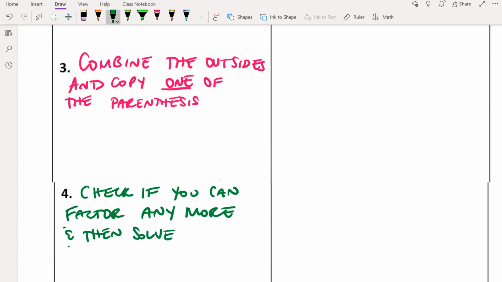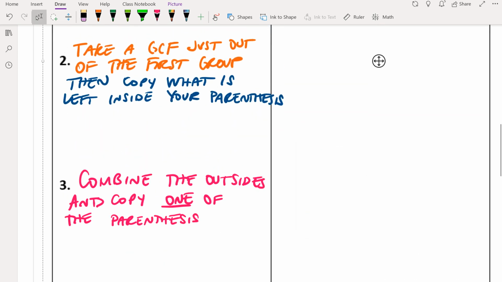Okay, check if you can factor any more, and you can say like, look inside parentheses. We're going to look inside the parentheses to see if we can factor anything else. And then we're going to solve or find the solutions, find x. Okay, let's do that now.